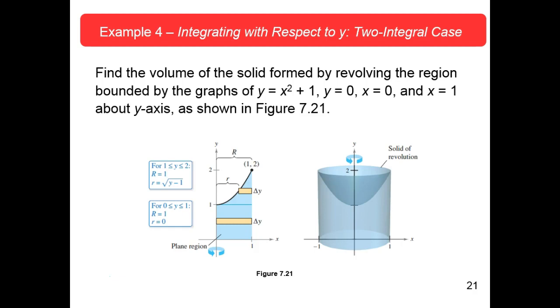Now here's where you run into problems. Because we're revolving around a vertical axis, we're going to be taking a delta y, but that means you need to get this in terms of y, which would mean solve this for x. So you'll subtract 1 from both sides, so y minus 1 is equal to x squared, then take the square root of y minus 1.